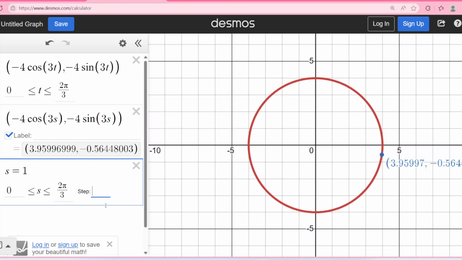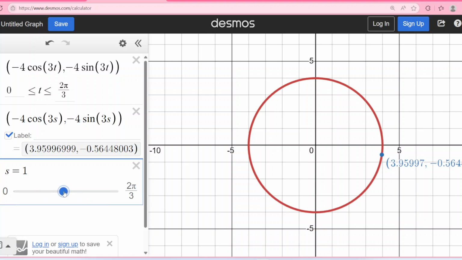And then this step size is how far apart are each of the values of s you're going to be plugging into your table. On my table earlier, it was pi over 6, right? My step size was pi over 6 on the table. But just to make it nice and smooth, and we're going to watch this circle be traced out nicely, I'm going to go a small step size of 0.01.